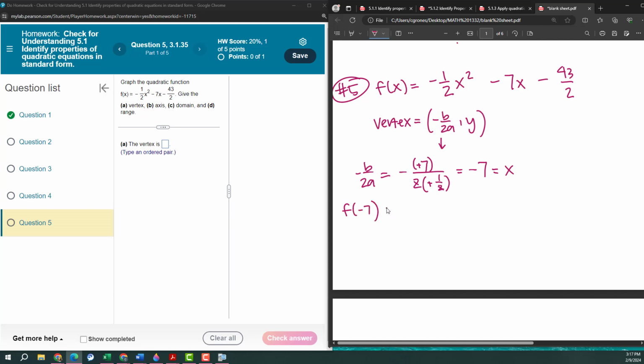So f of -7 equals, so I've got -1/2 times -7 squared minus 7 times -7 minus 43 over 2. So negative 7 squared is going to be negative 7 times negative 7.